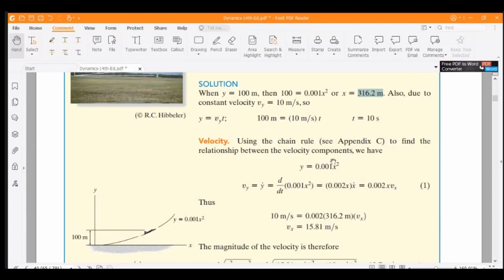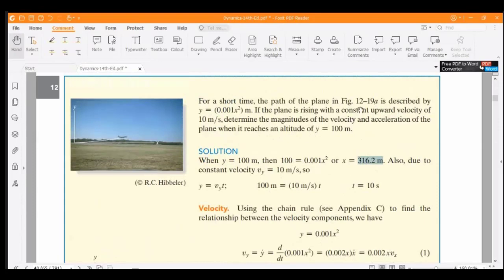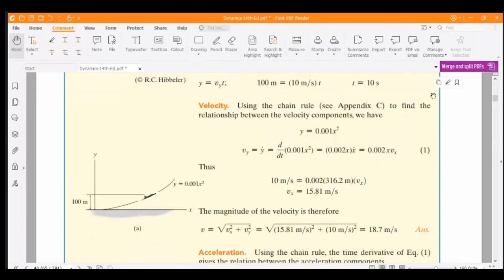That is 10 meters per second, given in the problem statement: constant upward velocity of 10 meters per second. As it is upward, we have considered the y-axis. So that is 0.002, sorry, this one, vx becomes 15.81 meters per second. So now we have vy.